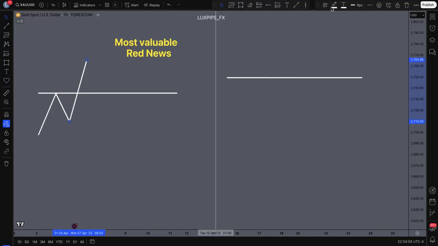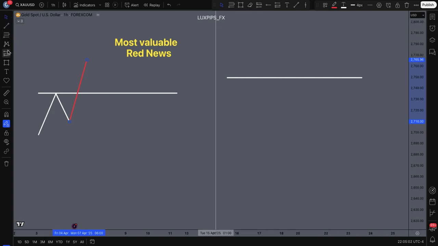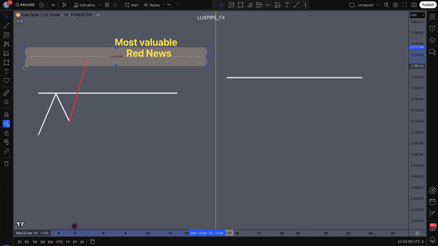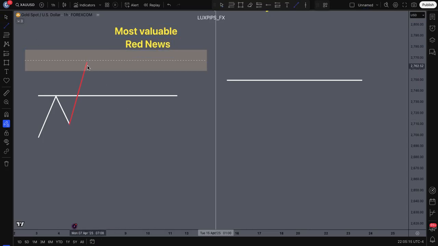You see the red news go through a high like this into a POI. It's your FEG. Most likely, price is gonna reverse.